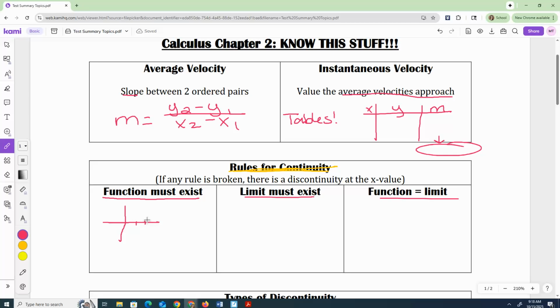If I just had an open circle. Okay, in this case, f of 2 does not exist. So it's discontinuous when x is 2.